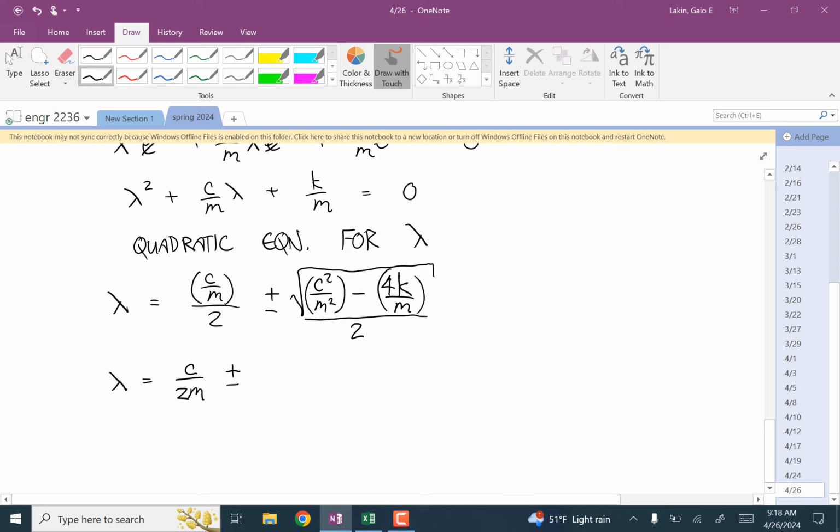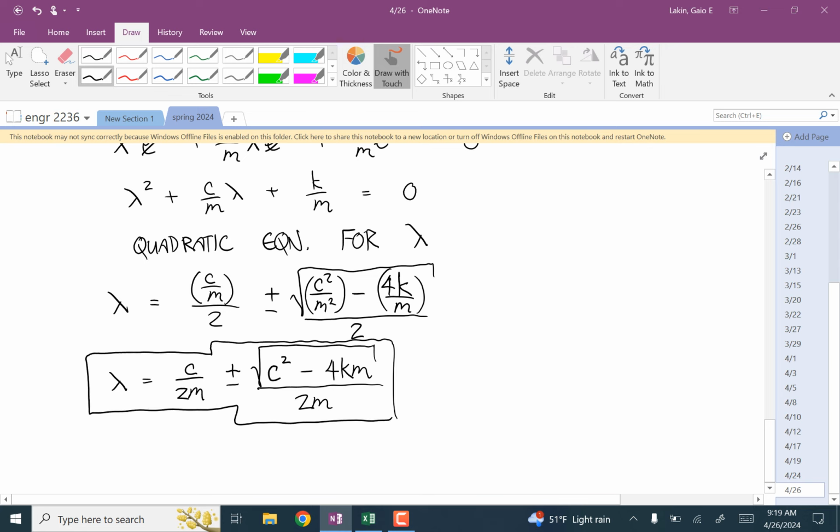And so we get this second term that's equal to the square root of c squared minus 4km, all over 2m. Okay, so that's our solution for lambda.